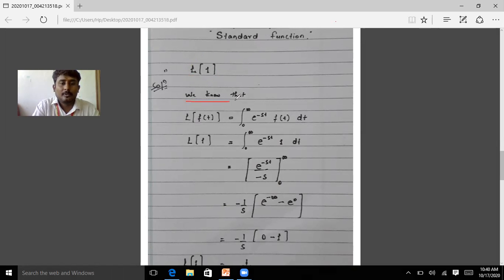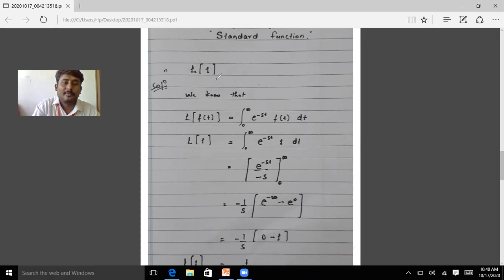We already know the definition of the Laplace transformation: L of f(t) is equal to the integral from 0 to infinity of e to the power minus st f(t) dt. According to this, we are going to solve the given function.